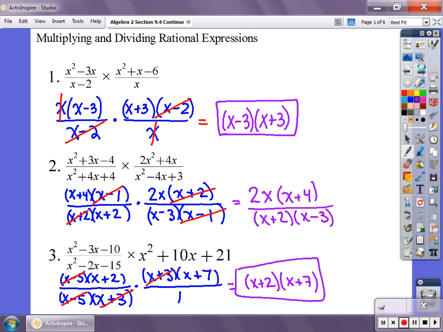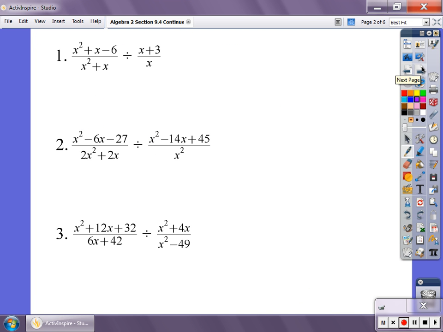Now let's divide. So we have x squared plus x minus 6 over x squared plus x divided by x plus 3 over x. And if you recall, dividing by a fraction is the same thing as multiplying by its reciprocal. So you're going to leave this fraction, x squared plus x minus 6 over x squared plus x.